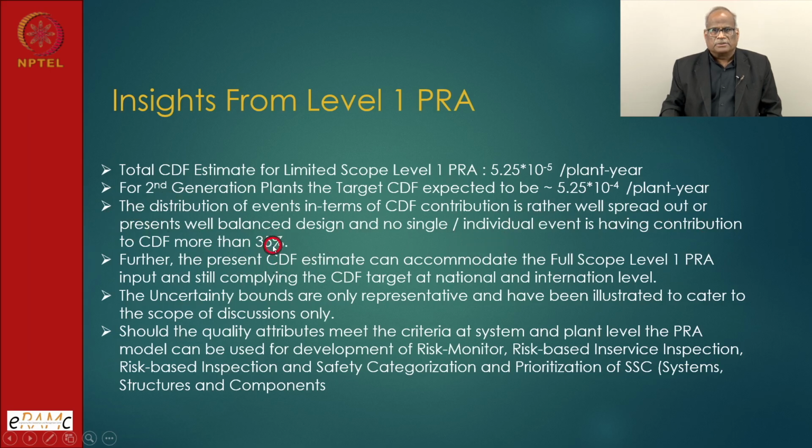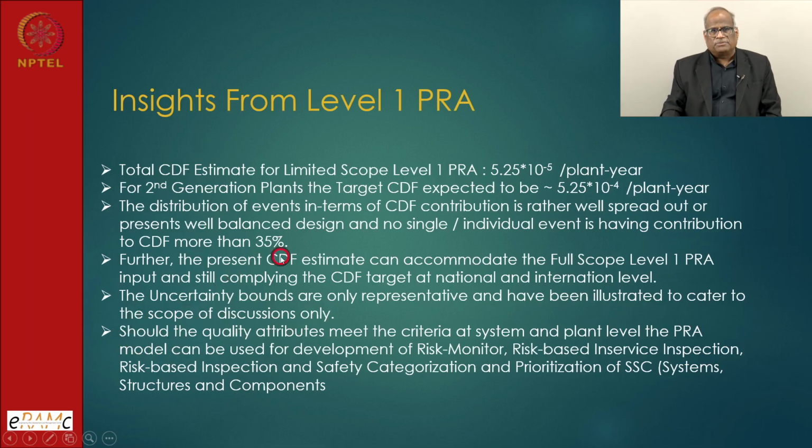Okay, so the present CDF estimation can accommodate the full scope Level 1 PRA input, still complying with the CDF target actually. Then the uncertainty bounds are only representative and have been illustrated for this purpose. So these are the insights that we have.